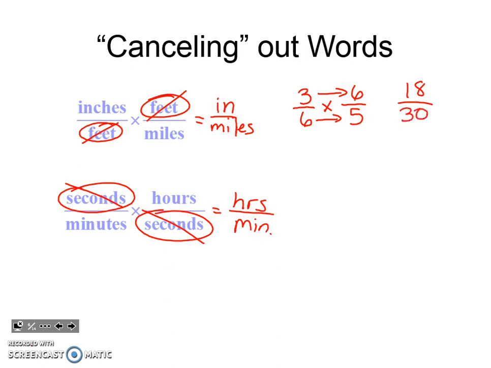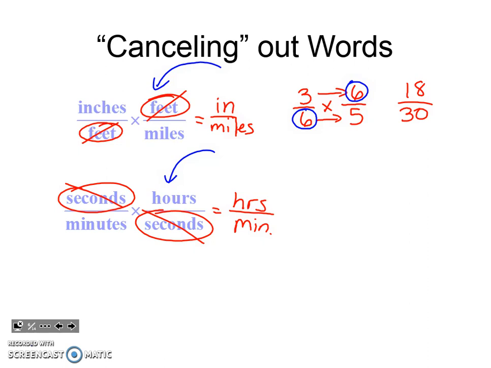Now, if it works out like I said it did, then the numbers that are the same, or the units that are the same, should cancel out. So I should be focused on canceling out these 6's. So let's take a look. Well, let's try to simplify 18 over 30.